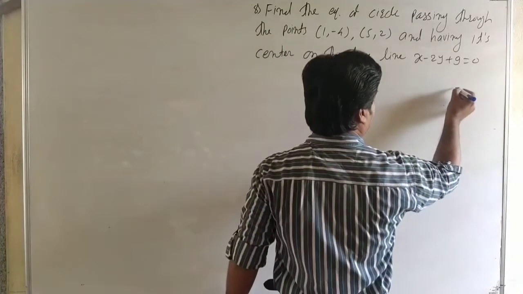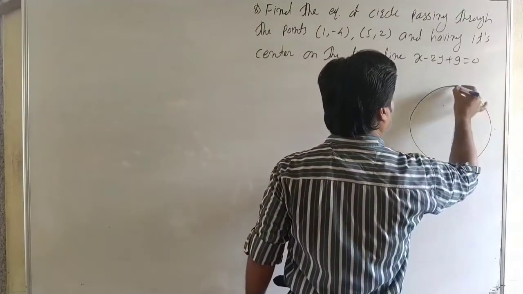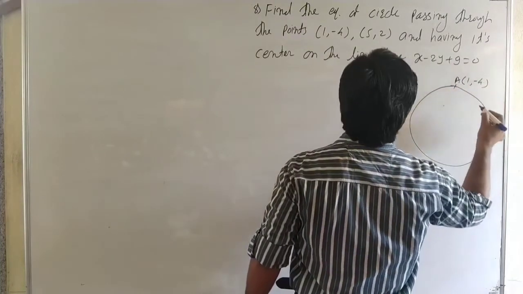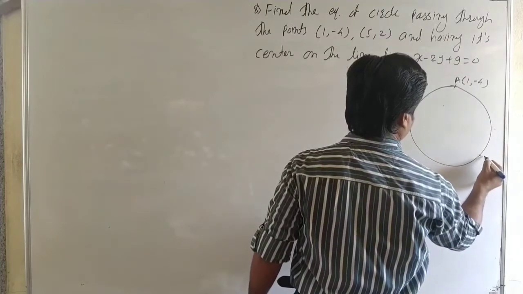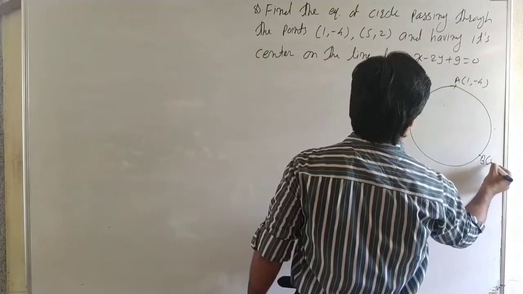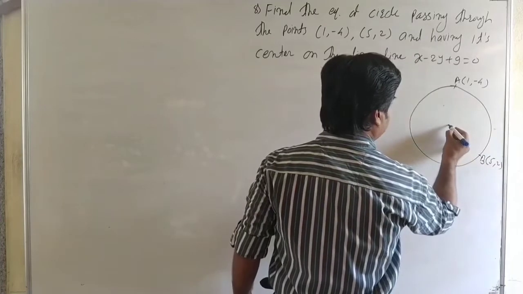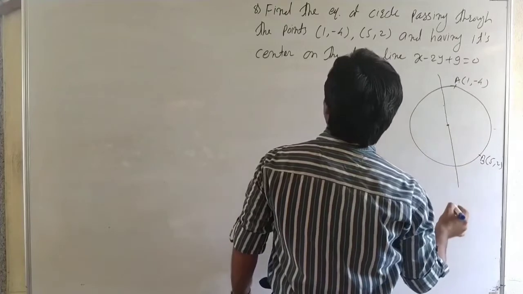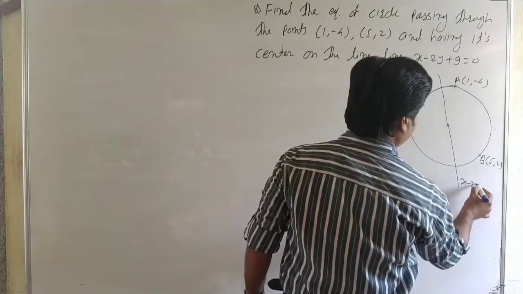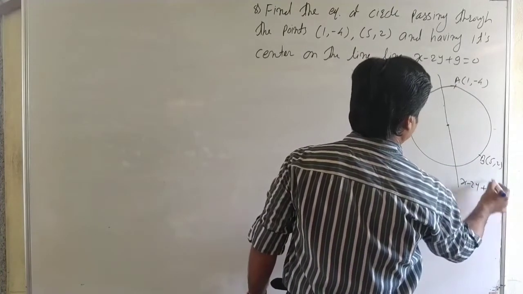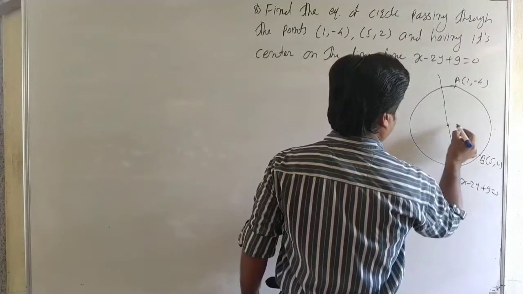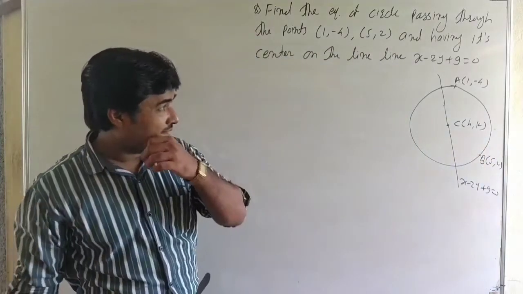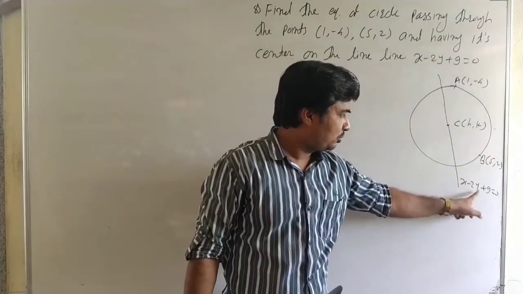The given condition is a circle passing through points, say first point A and second point B (5, 2), and the center of the circle lies on the line x minus 2y plus 9 is equal to 0, and let the center be C (h, k).